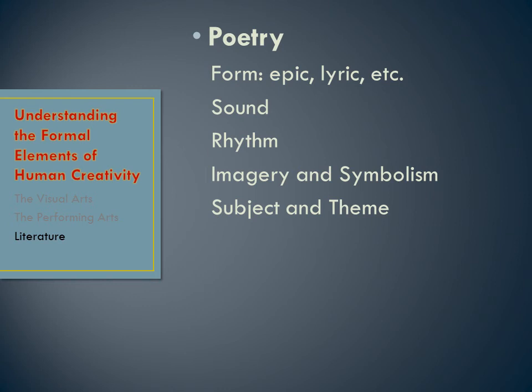In talking about poetry, again, there are five things that we look at, the first of which is form. There are different types of poems. Epic poetry is poetry that is typically very long. It is poetry that tells a story, and it is poetry that is often set either in mythology, in other words, the stories of the gods and goddesses, or the great heroes of the past.